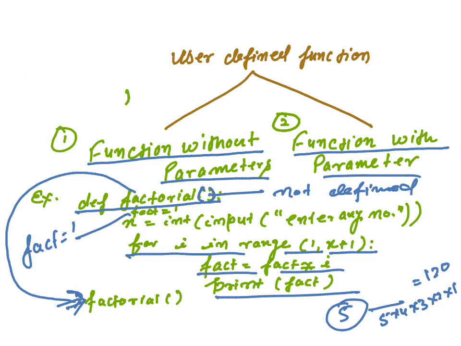Or in reverse you can write it also, 1 into 2 into 3 into 4 into 5. The main thing is that you can give the logic in any way. So I am giving a simple logic to multiply the numbers from 1 to n or 1 to x. So this is a simple program, a function without argument.